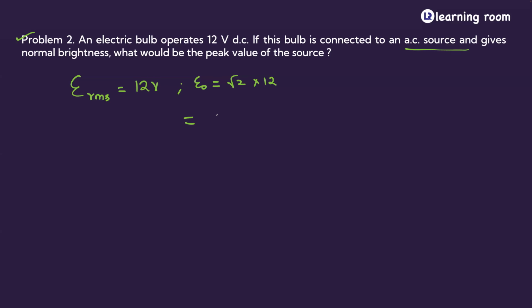So root 2 is 1.414 into 12. Basically, it is 12 cube approximately. It will be 1.44 into 12, right? So how much will the answer be? So that part you can do it later. Okay.